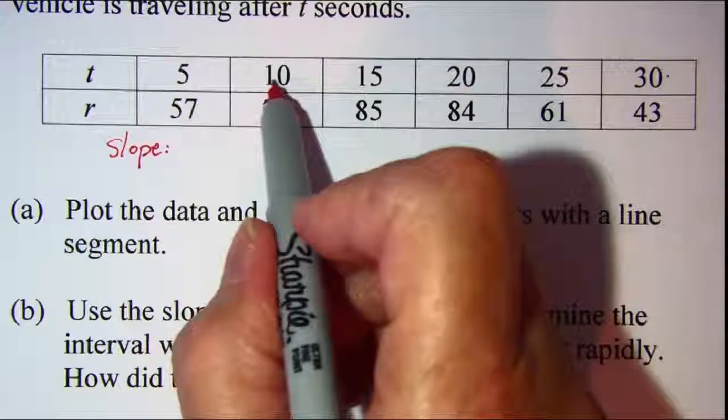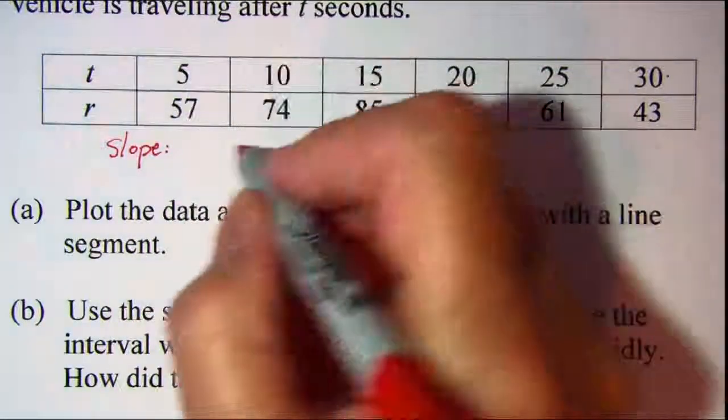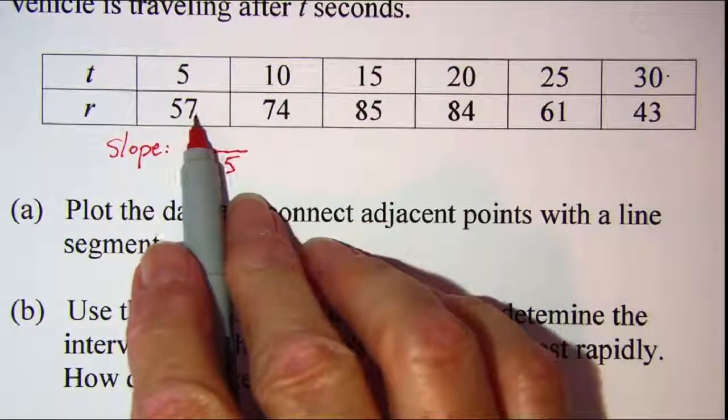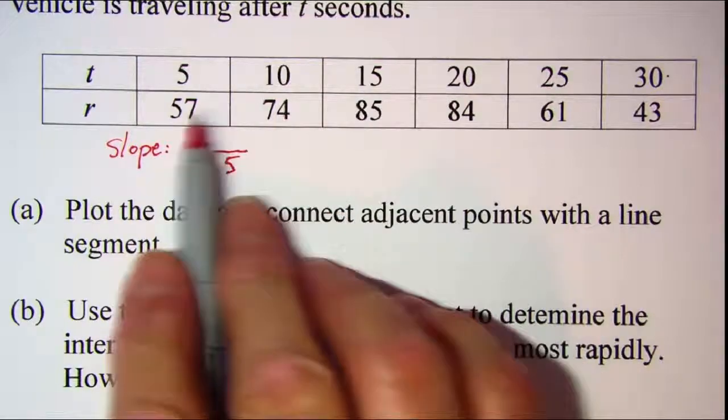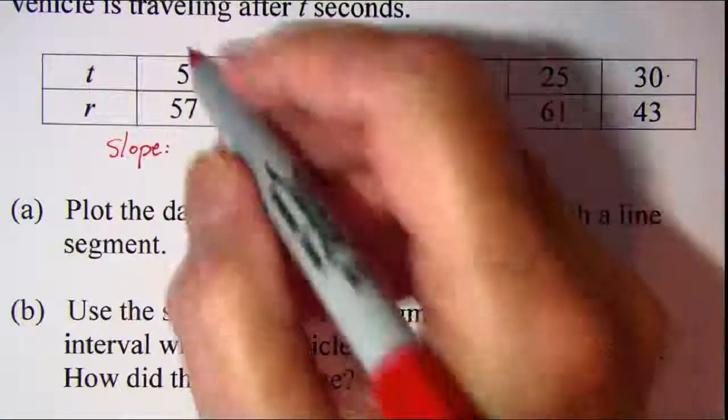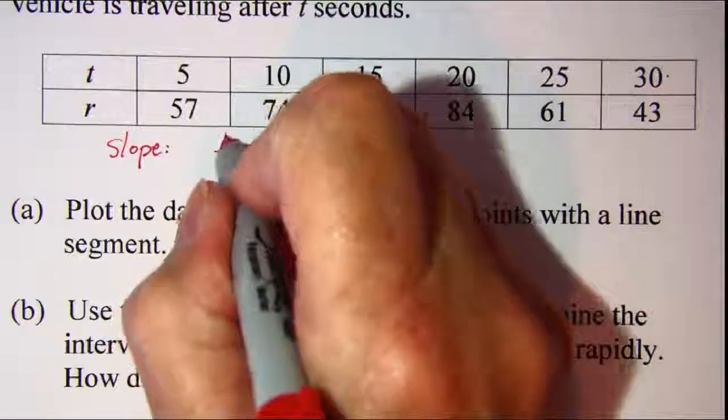My change in x, my change in time is 5, and my change in the rate was 74 minus 57, which is 17.